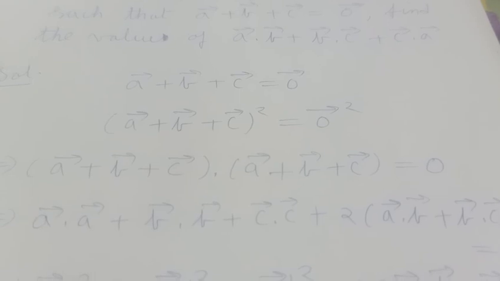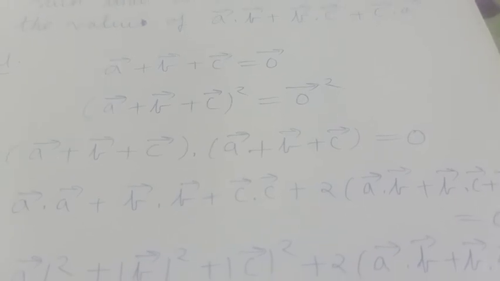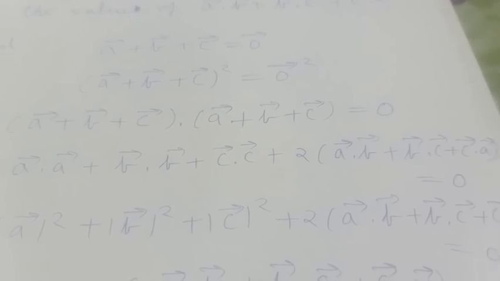Then we can write (a plus b plus c) dot (a plus b plus c) equal to 0. And if we open the bracket, we will get a dot a plus b dot b plus c dot c plus 2 times (a dot b plus b dot c plus c dot a) equal to 0. Now vector a dot vector a equals mod a square. Similarly we have mod b square, mod c square, plus 2(a dot b plus b dot c plus c dot a) equal to 0.